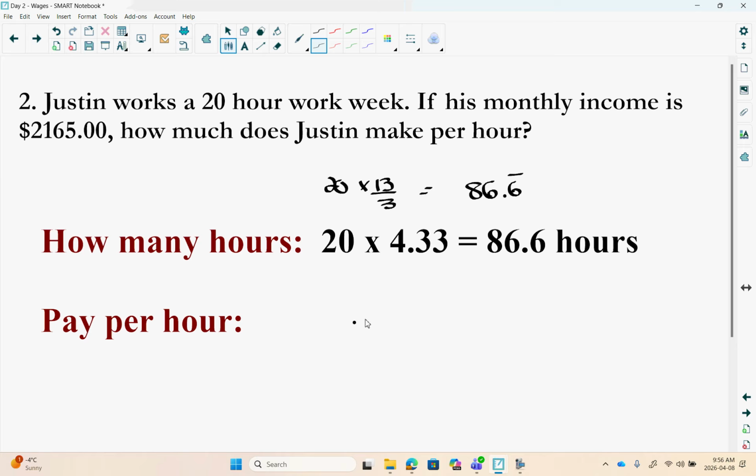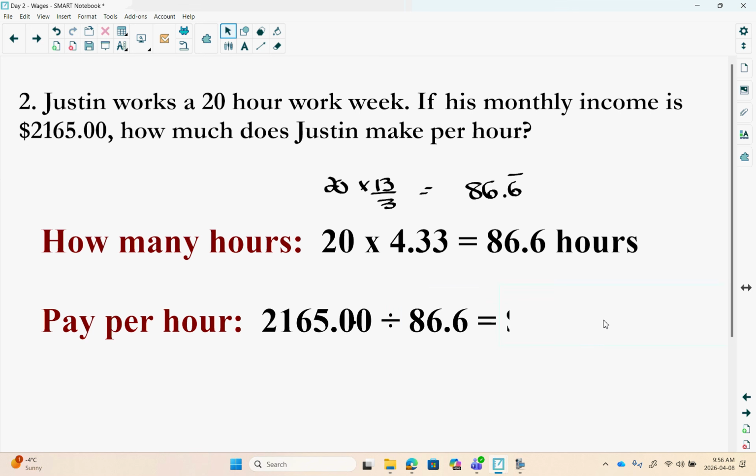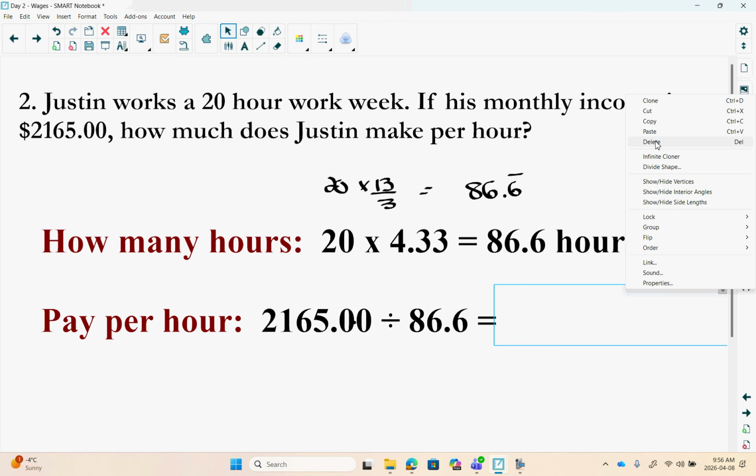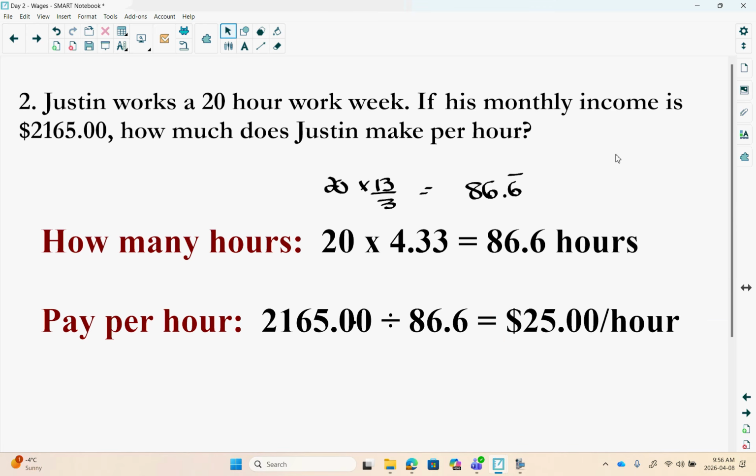Okay? And what do I get if I divide 2165 by 86.6? Anyone have an answer? Roughly $25 an hour. Thank you very much.